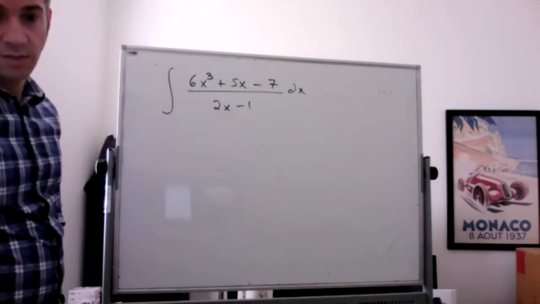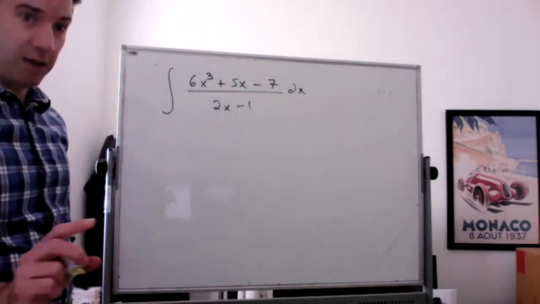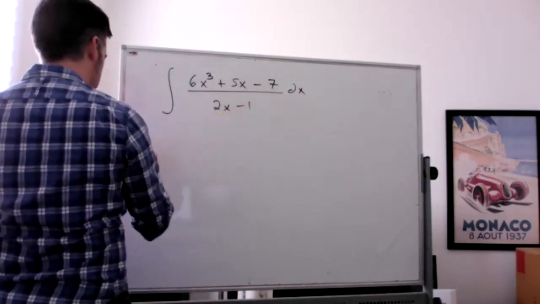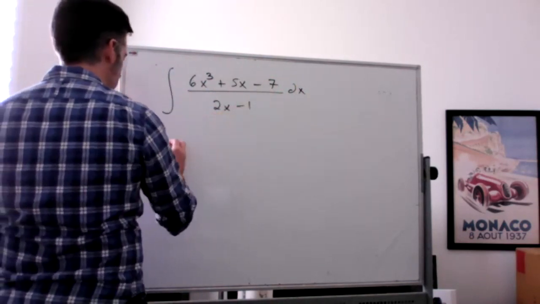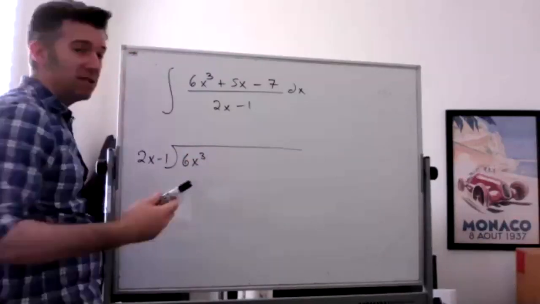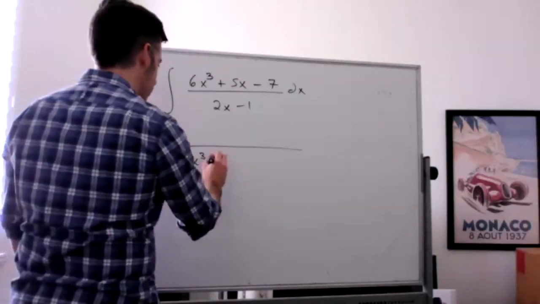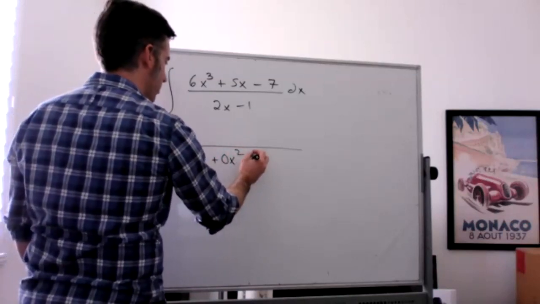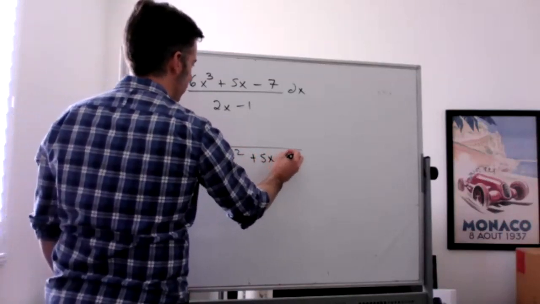Okay, so let's do the polynomial division again. This one's going to have kind of an extra little bit. So I'm getting this divided by that. So 2x minus 1 is the divisor. We're dividing into 6x cubed. And since there isn't an x squared term, I'm going to write 0x squared plus 5x minus 7.